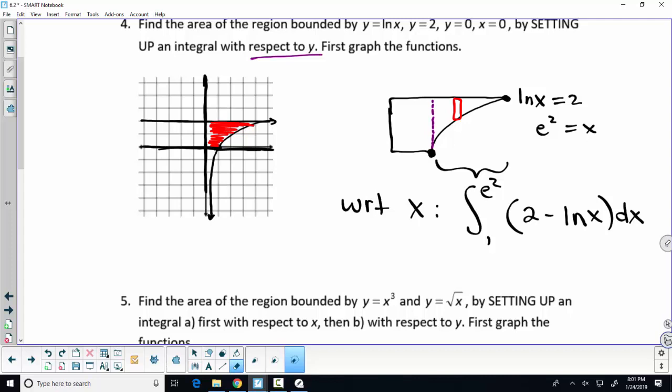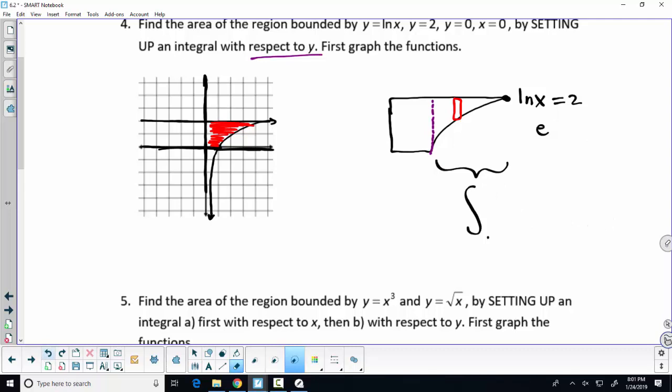Does everybody have that? If you want to write that down, does everybody have what they need for that? So it made it a little less convoluted for us by saying integrate with respect to y.